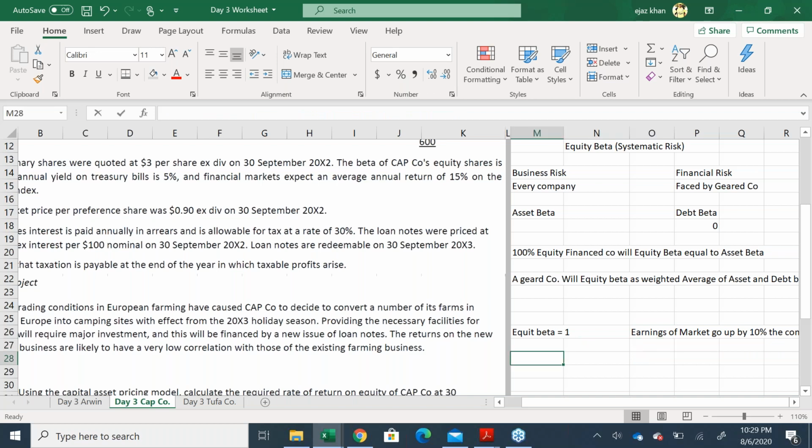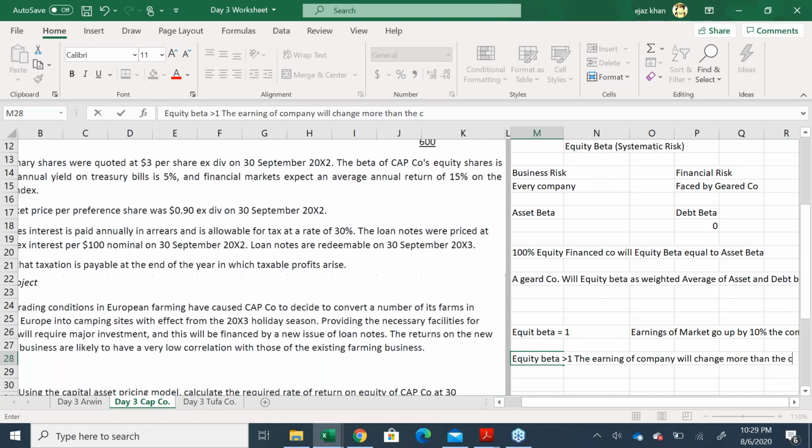But if its equity beta is greater than 1, it means the earnings of the company will change more than the change in market earnings. Similarly, if it has a lower beta, it means its earnings will increase or decrease less than the change in the market. So this is what they have asked us to explain.